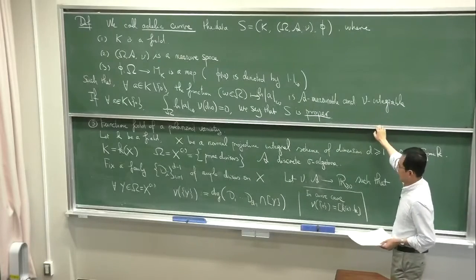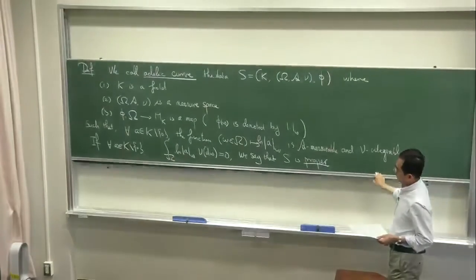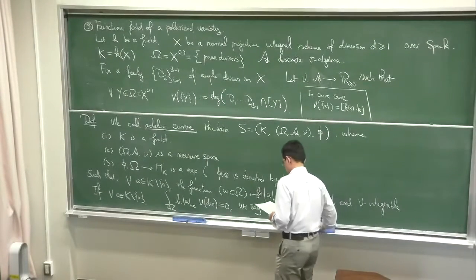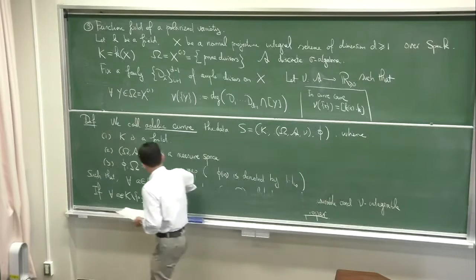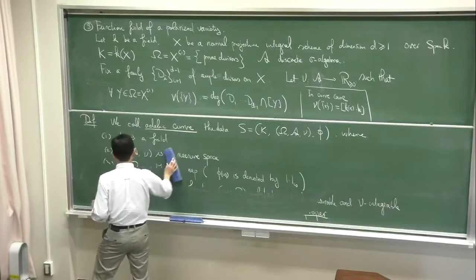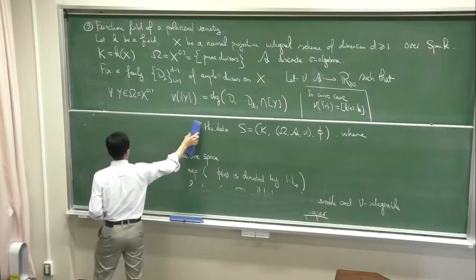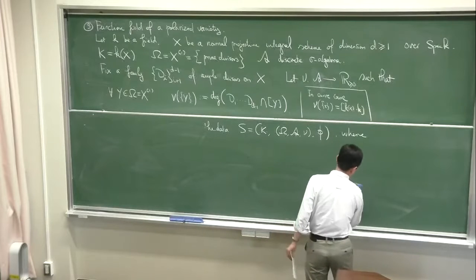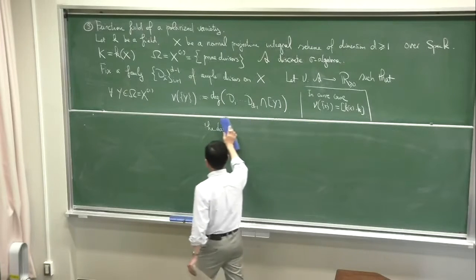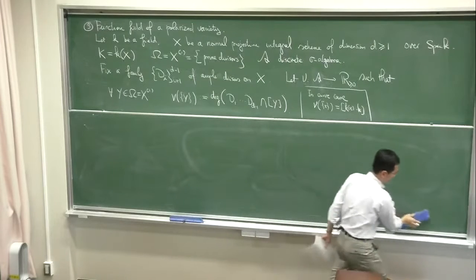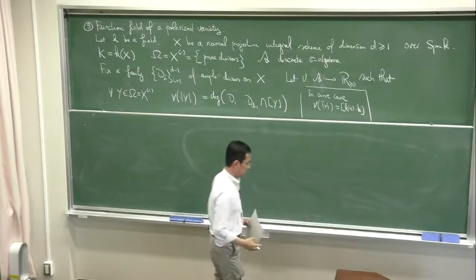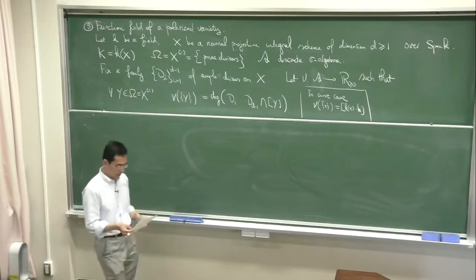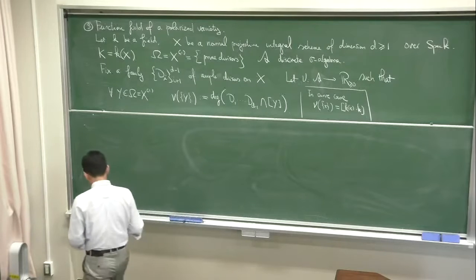Okay. So it remains to define the map from omega to the set of absolute values. This procedure is very similar to what you have observed in the morning for the curve case. Given a point, you can consider the local ring of your curve at your point. That is a discrete valuation ring.